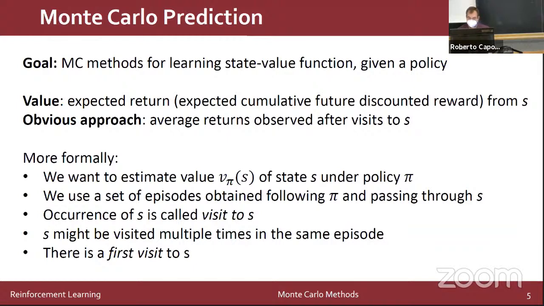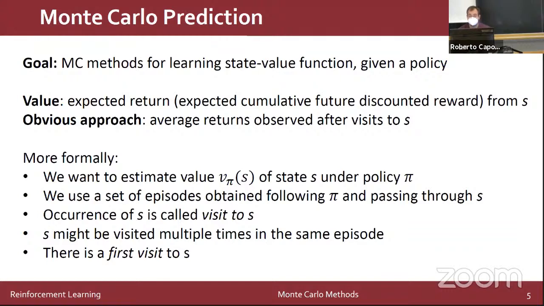And we do this by following our policy for a certain number of episodes and looking at those that pass through this state S. So every time the policy visits, meaning goes in, state S, we will be able to update its value.